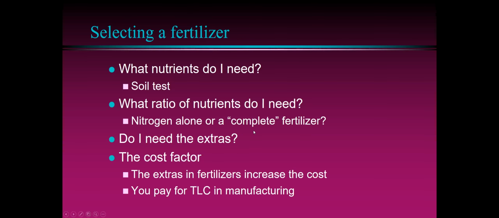Do we need a complete fertilizer? Or do we just need one of the nutrients over another, et cetera? Do you need the extras that are in it? Do you need the extra sulfur, or do you need the pesticide that might be included? Those cost money in addition to the fertilizer. And so you really ought to base your selection of a fertilizer on the cost per unit nutrient or additive that you need from that material.